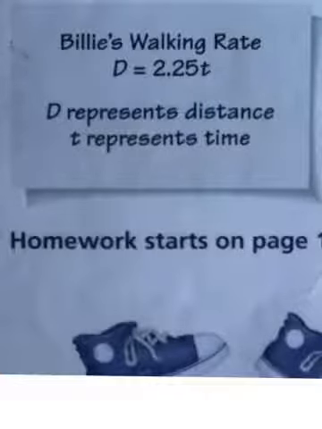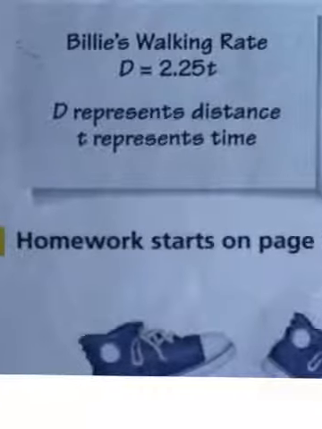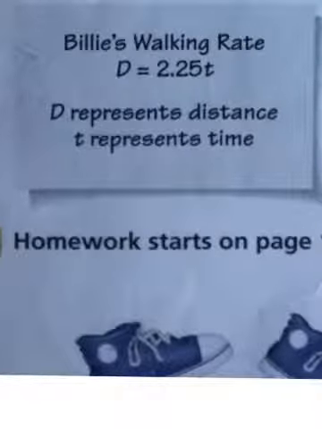The equation listed for Billy's walking rate will also be a linear relationship because we can see that Billy will walk 2.25 meters every second. And as the seconds increase, the distance will increase by 2.25 meters per second, equating to a linear relationship.